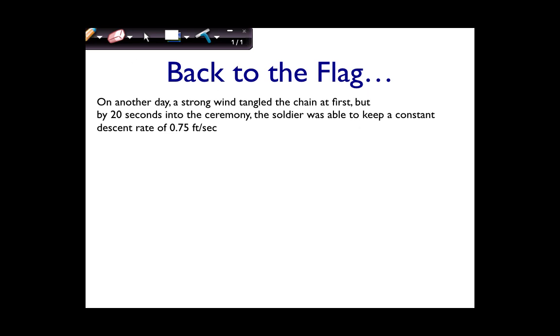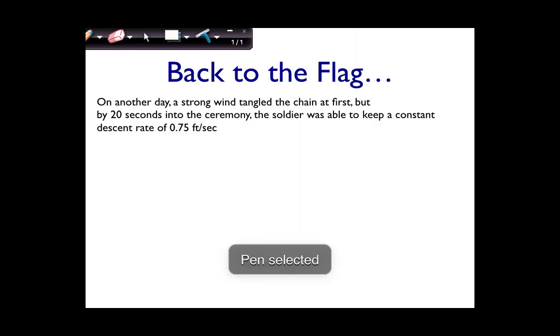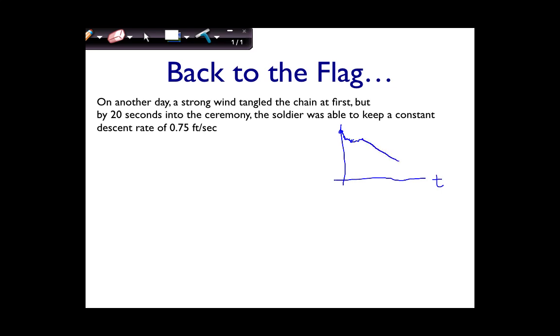So, in other words, if I was to track the height of this flag as time goes on, maybe it started at that 110 feet, but we're trying to get it down and it got tangled, stuck for a little while, and then after that we were able to descend at a nice constant pace.